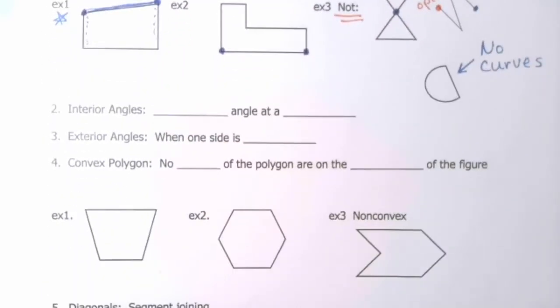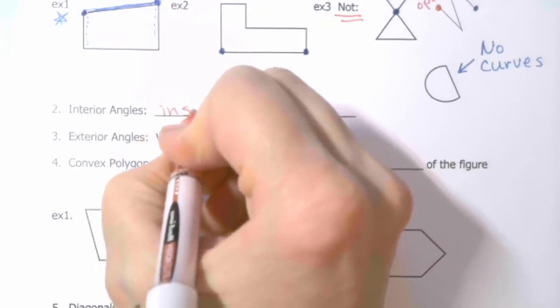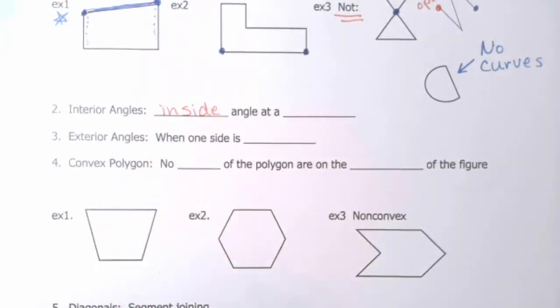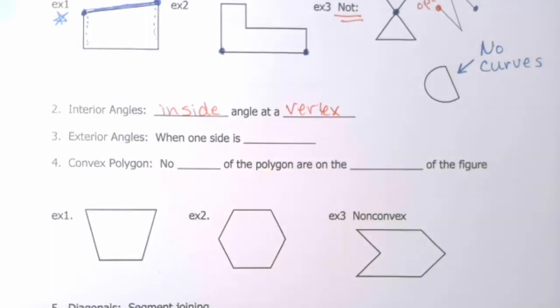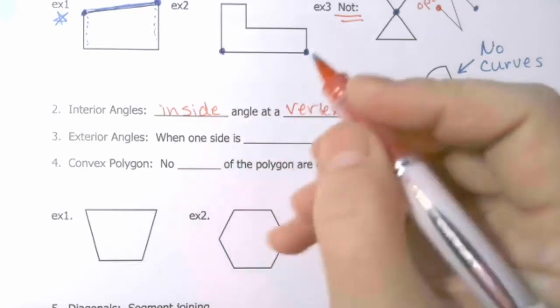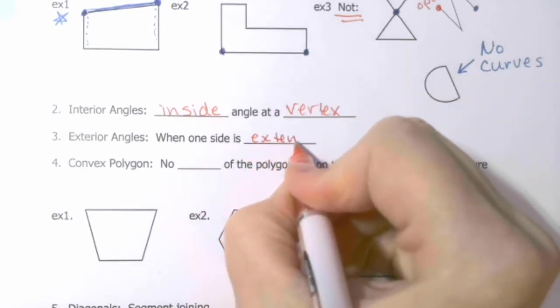All right, vocabulary number 2, interior angles. Interior angles are inside the figure at a vertex. And a vertex, of course, is where 2 sides meet up. Exterior angles are when one side is extended.